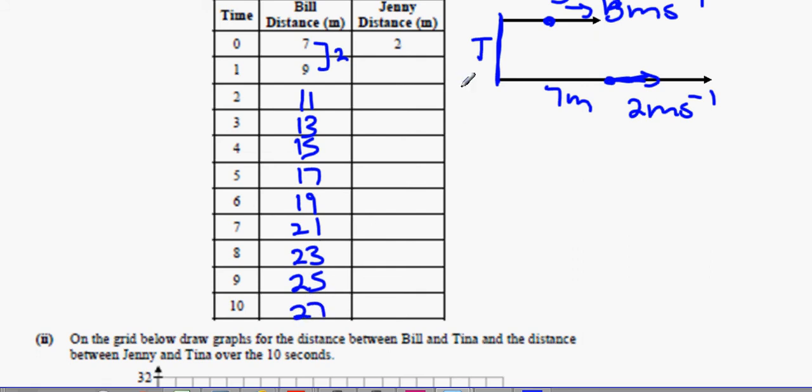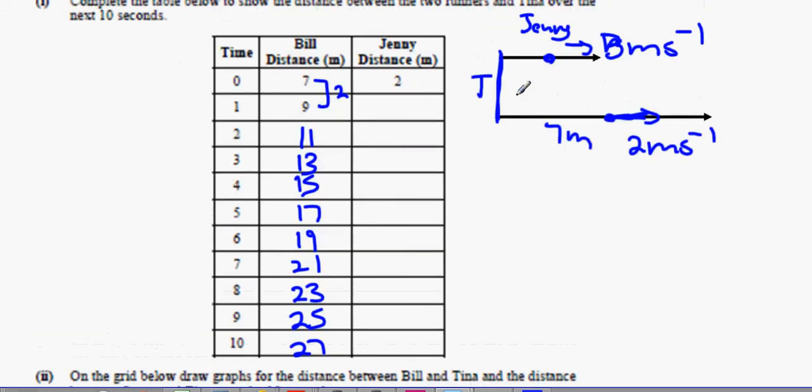And Jenny's distance is going to go up 3 meters each second. It's going to be 5, 8, 11, 14, 17, 20, 23, 26, 29, 32.